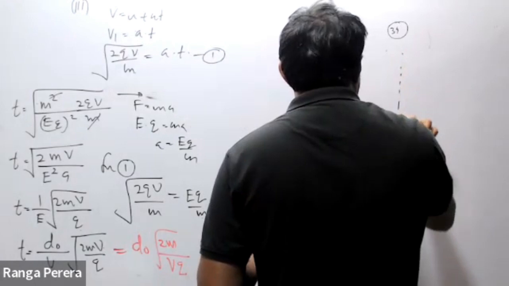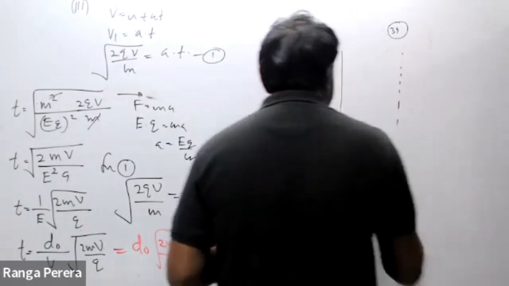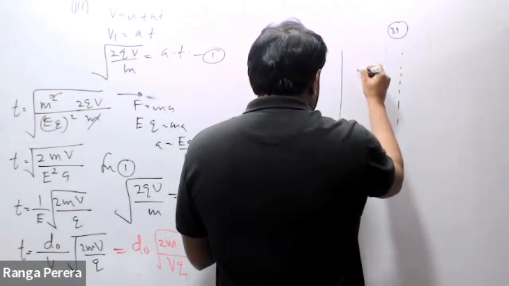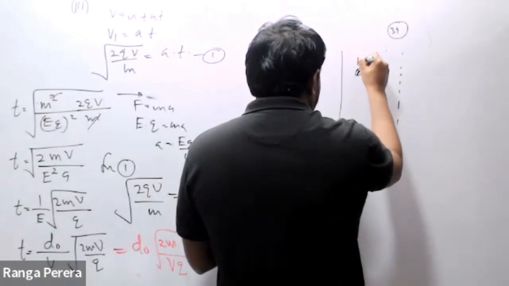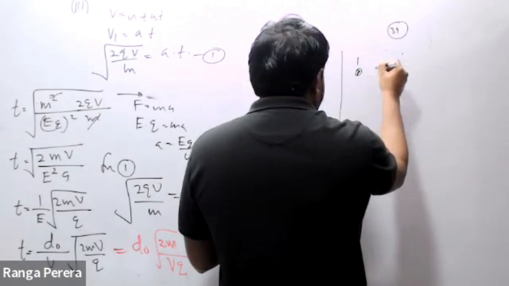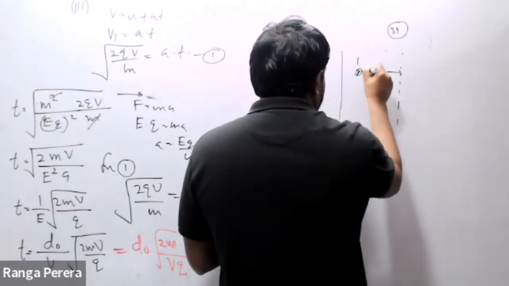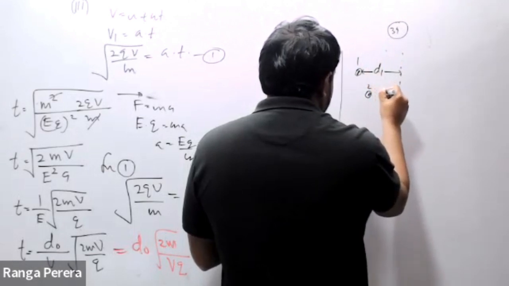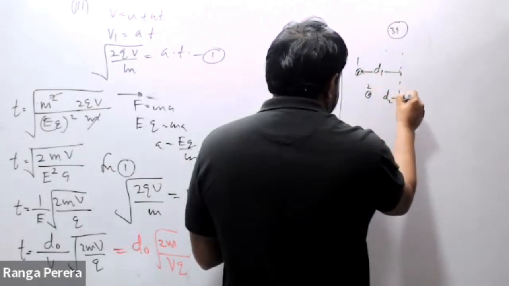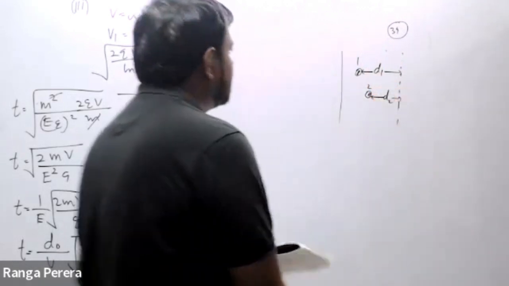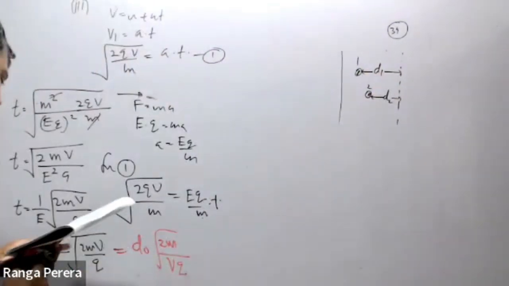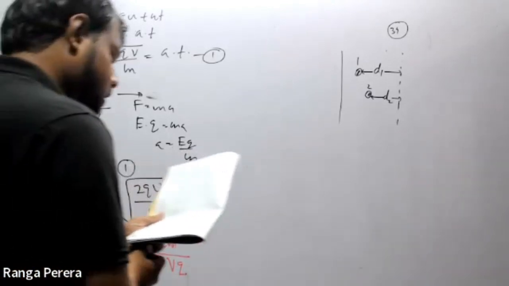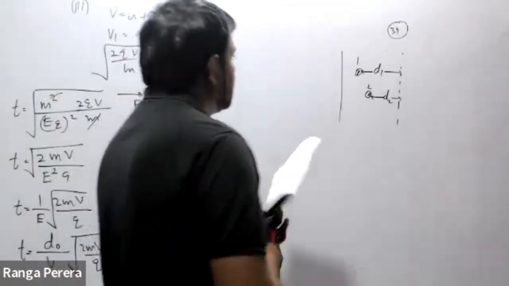So there's a wire mesh, and there's room to travel across it. Here, particle 1 is at a distance d1 from there. There's another particle at distance d2.